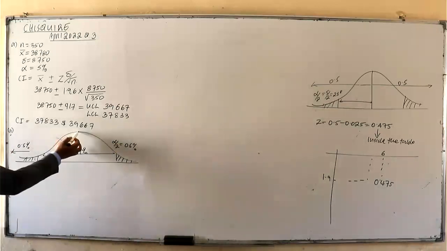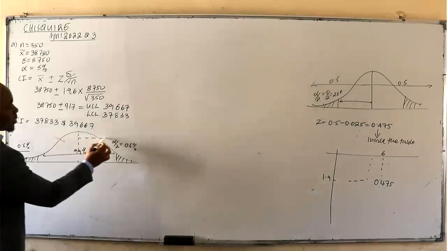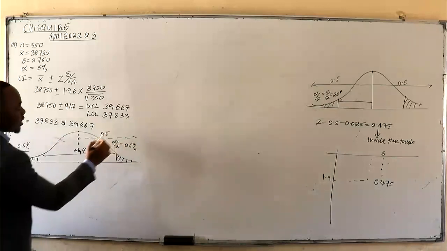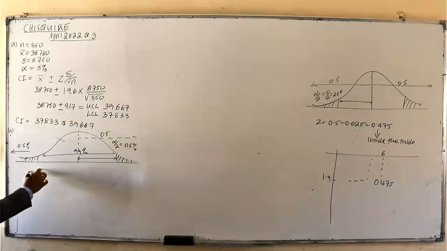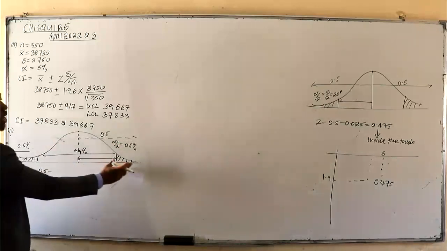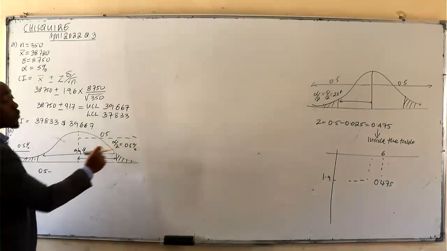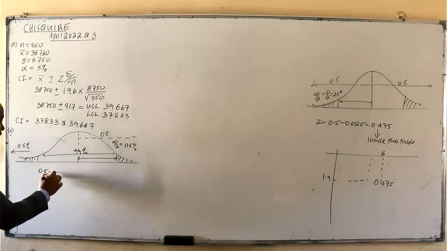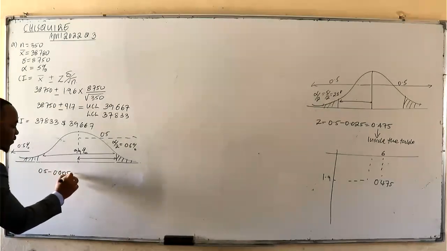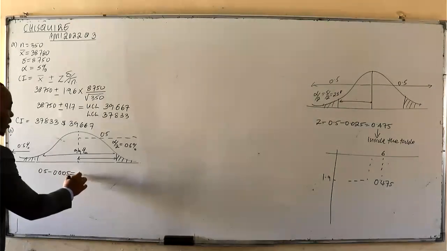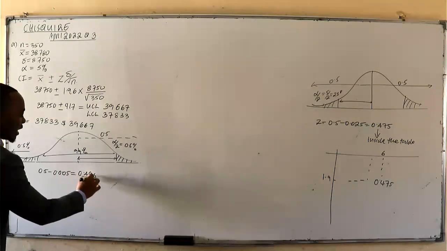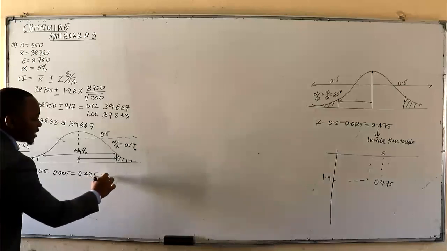We know very well that the probability on one side is 0.5. Now we need the probability of accepting. We take 0.5 and eliminate the probability of rejecting, which is 0.5%, that is 0.005. Give me the probability of acceptance. 0.495. Then read it inside the table.